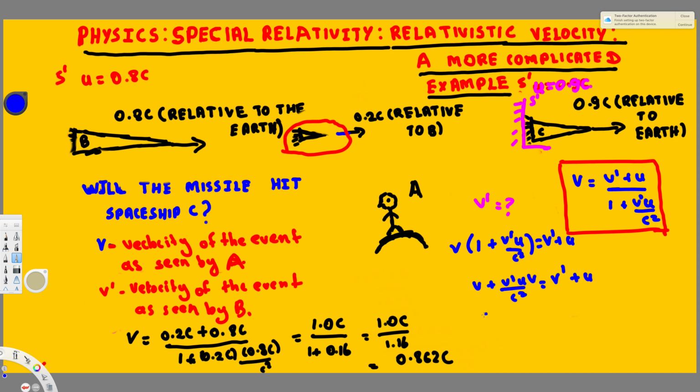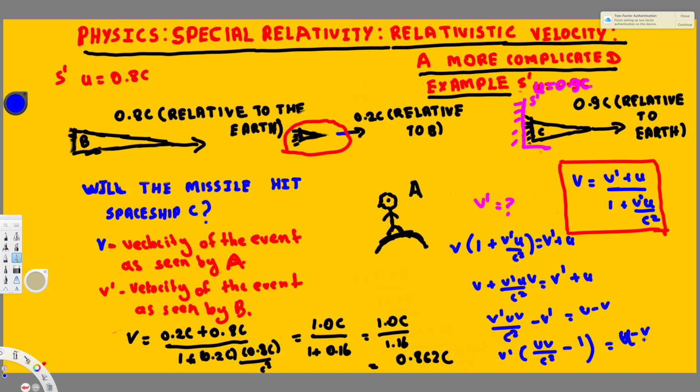If we move all the v prime to one side, that gives us v prime uv over c square minus v prime, and on the other side we have u minus v. Now let's take v prime common. That's going to give you v prime times uv over c square minus 1, equal to u minus v.